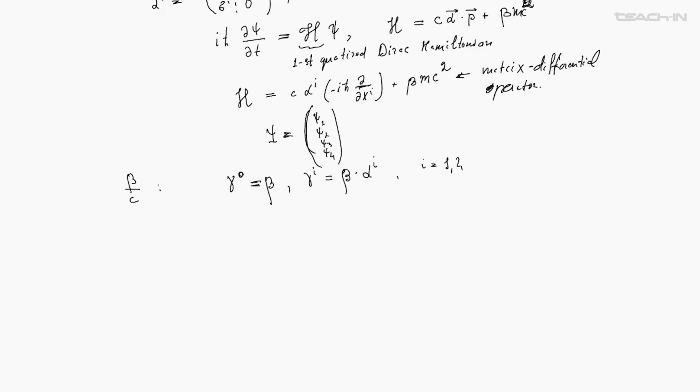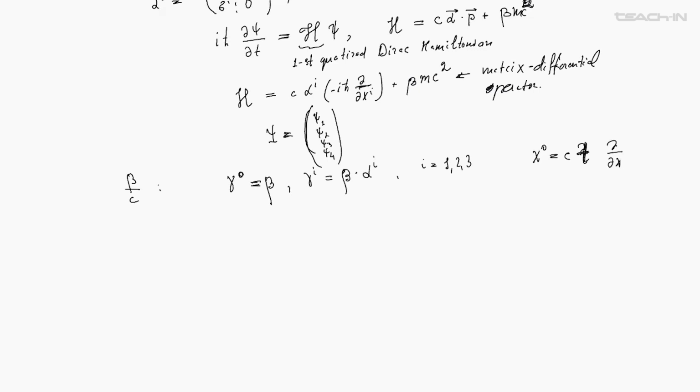Let's also identify x0 with ct. So d over dx0 is 1 over c d over dt.